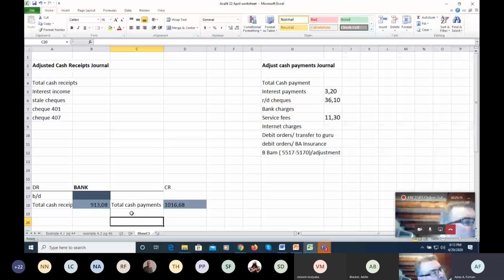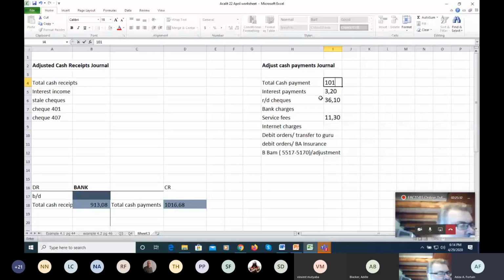So we don't have a cash receipts journal, because there was no information to give us. In my cash payments journal, somewhere we have to put our 1016 in, 68 cents. I've got my 36 rand, my 3 rand 20, my 11 rand 30.